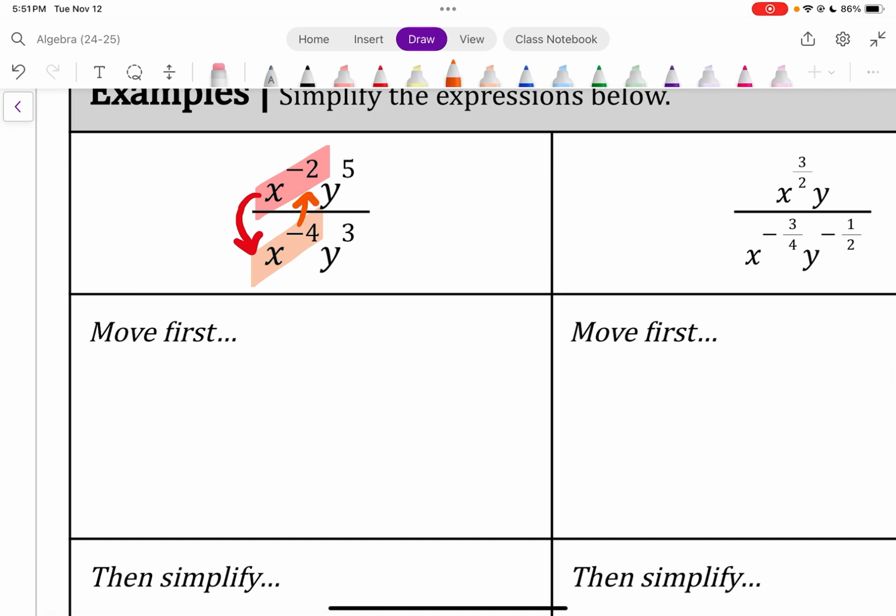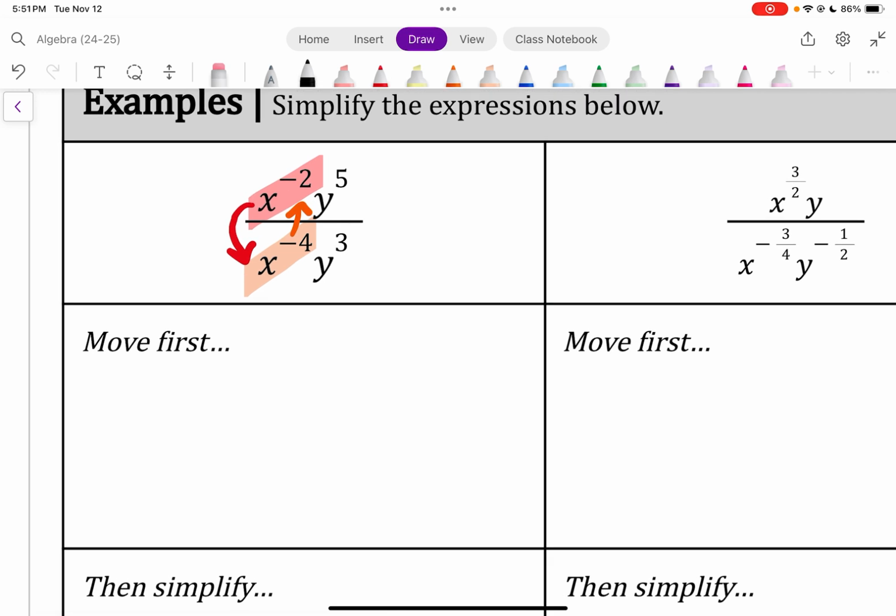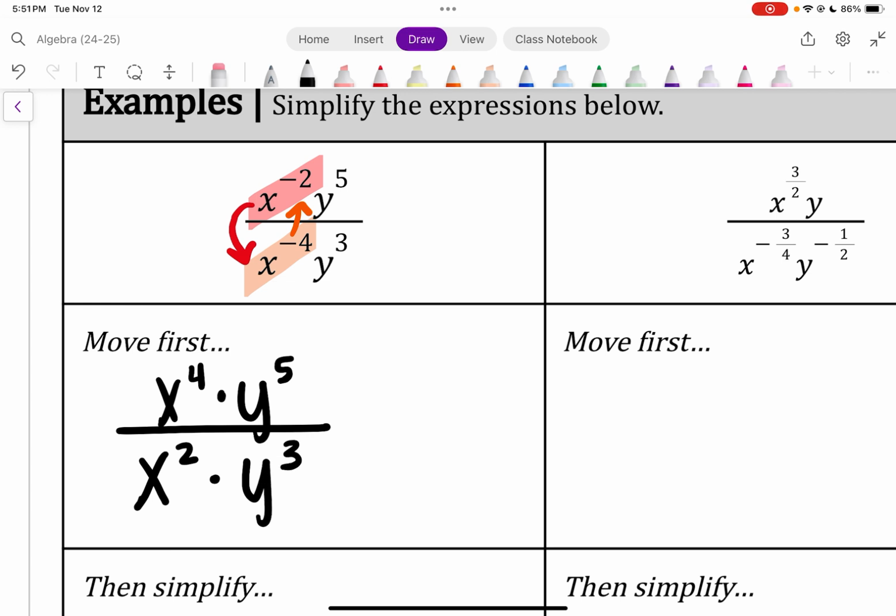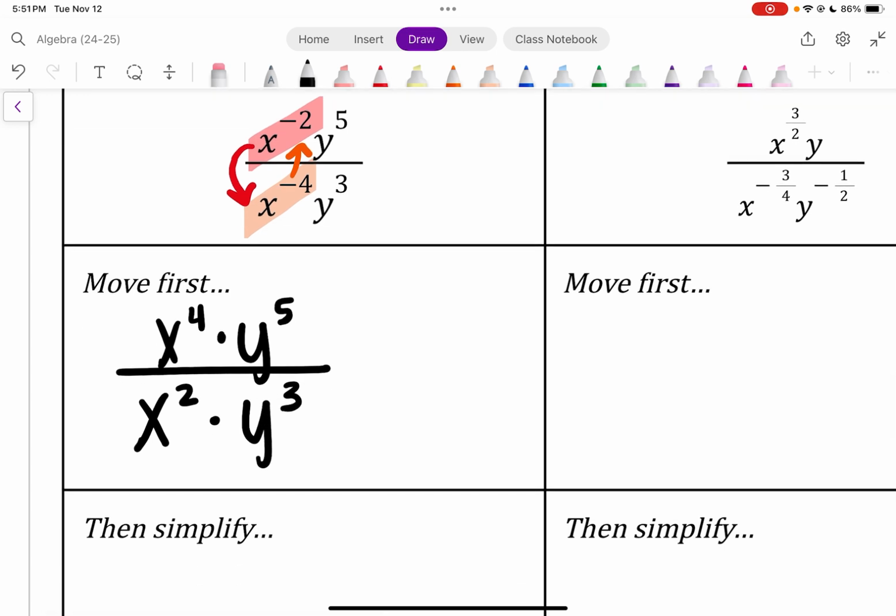Okay? All positive exponents. So I'm switching those two numbers. So now I have x to the 4th times y to the 5th over x squared times y to the 3rd. Everything is positive now. We took our x to the 4th and moved it up top. We took x squared and moved it on bottom because they were in the wrong spot.